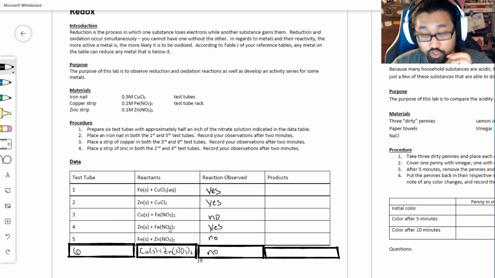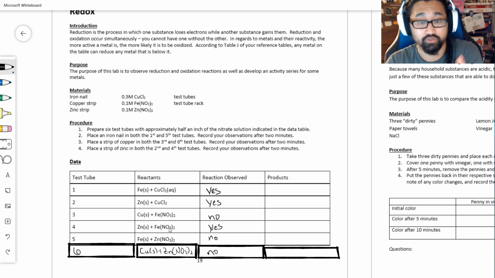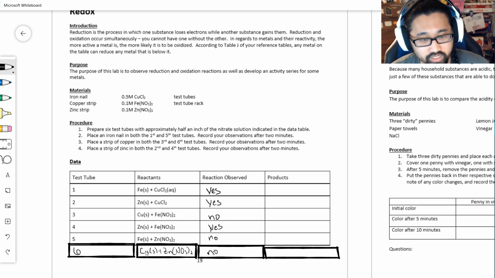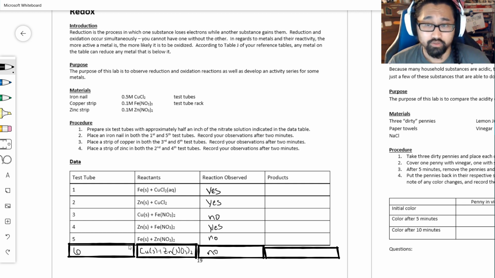It was definitely a different color. All of the other ones, in two of them, were copper, and then the nail went into another one. But in all of those, the copper maintained its original color, and the nail maintained its original color. Now, because there was no reaction observed, there are no products to be had.